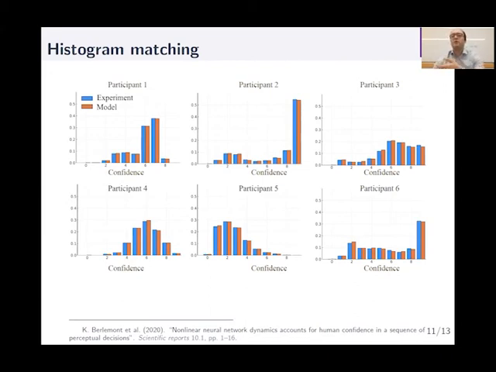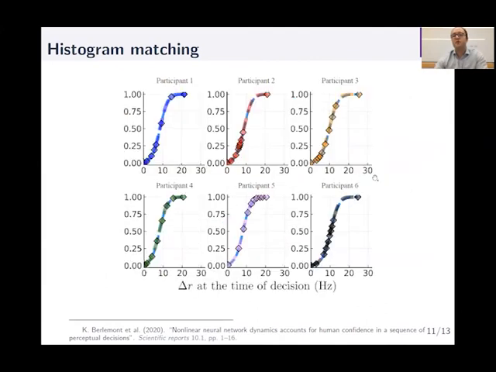But most importantly, this function f is different for every participant, because we can only do this procedure for each participant separately. But if you look at the function f for every participant, it always has the same shape. Here, the x-axis represents the difference of activity at the time of the decision, and this curve represents the function f obtained through the histogram matching procedure.